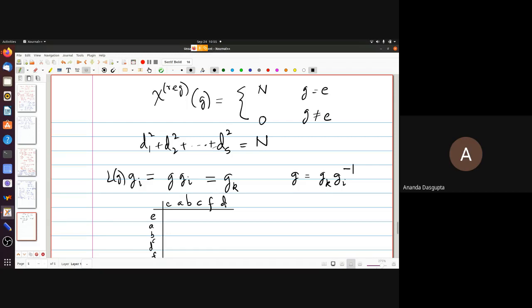And then notice that if you multiply this, the element G actually goes and sits wherever GK GI inverse is. And if you do that, again, you will get only E's down the diagonal. Right? Yes, I get it now. And so, once again, the point is, if we are claiming that there are similar representations, which you should be able to show directly without actually going through this, then if they are similar representations, they have to have the same character.